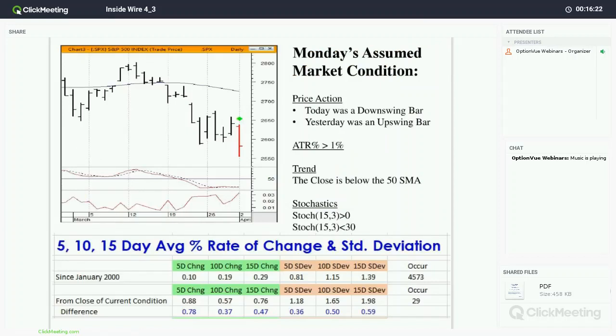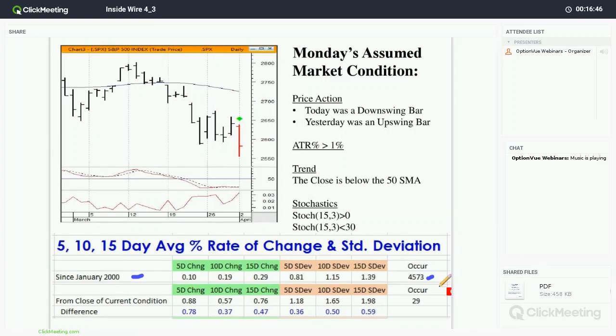And so, Shazam, here we have the magical report, which I found quite surprising. When you look at this, since Jan of 2000, we've had 4,573 occurrences for a closing bar. And this is the benchmark.